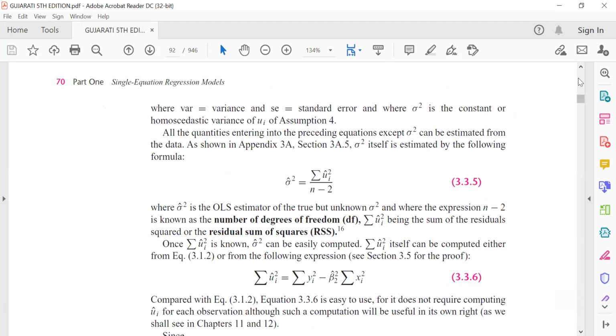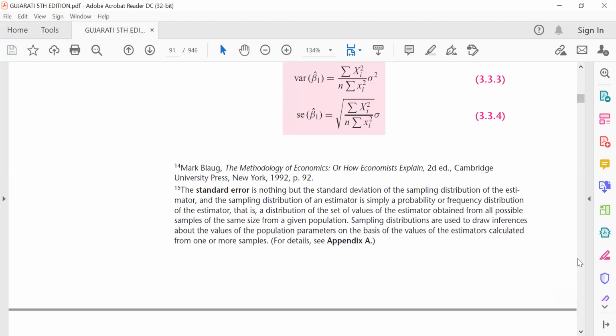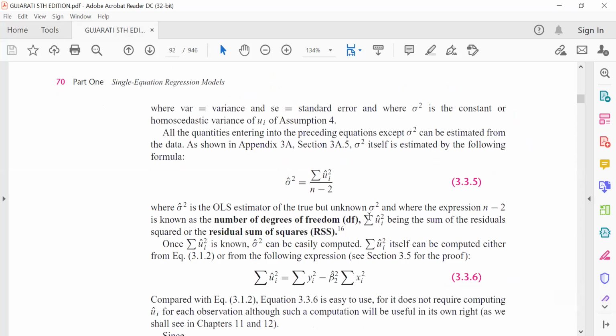This is the variance of the regression. The variance of the regression is sigma squared over n minus k, where k is the number of parameters. Here k is 2, we have 2 parameters, beta 1 and beta 2. In my explanation before, we had a demand function that has 9 parameters, which means k is 9.